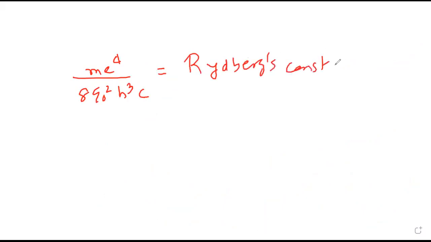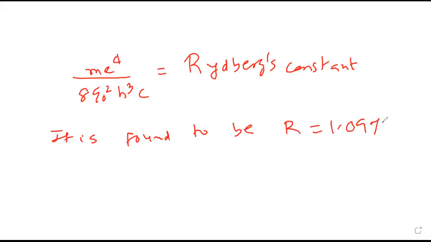In 12th you have all this. Its value is found to be R equals 1.097 into 10 raised to 7 per meter. So if I had done this chapter after 12th, I would have directly told you this is Rydberg's constant whose unit is meter raised to minus 1. That means wave number, correct?